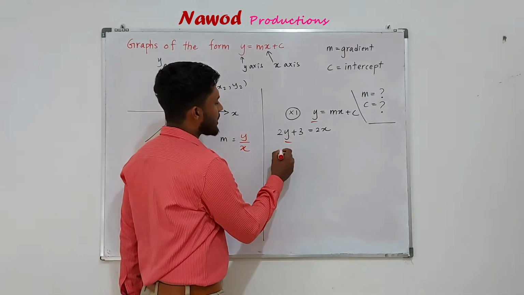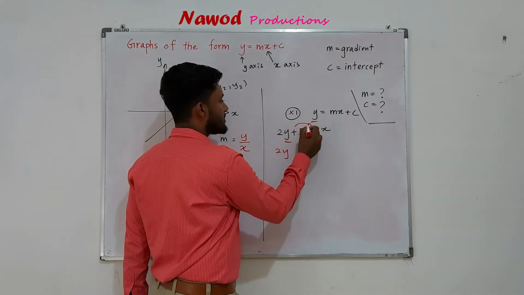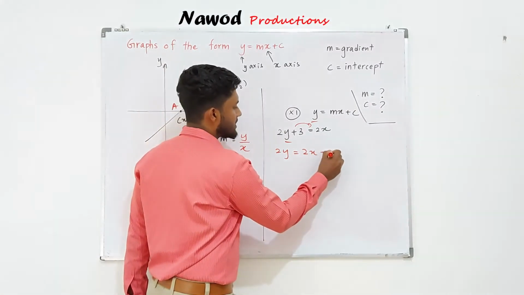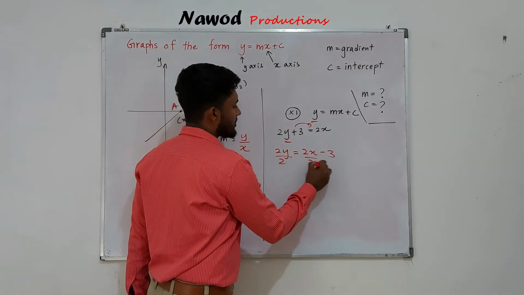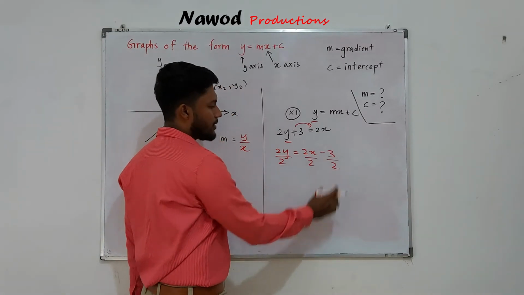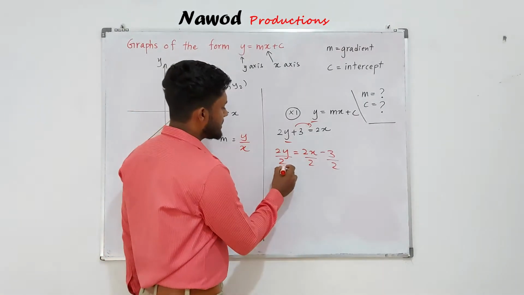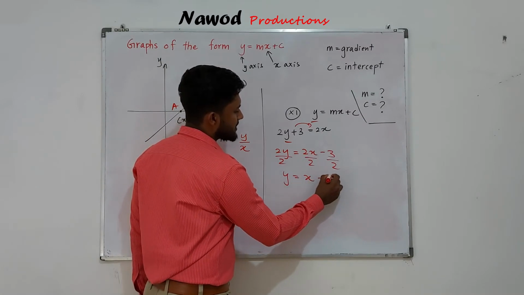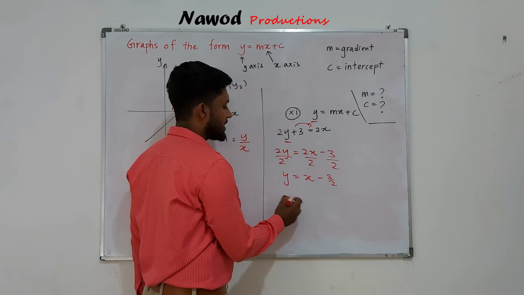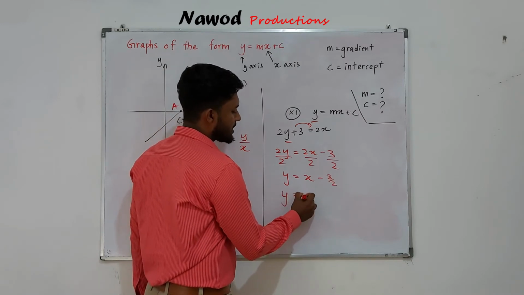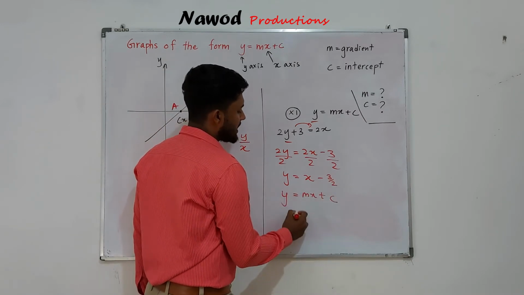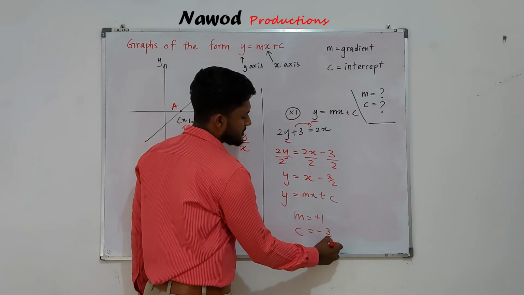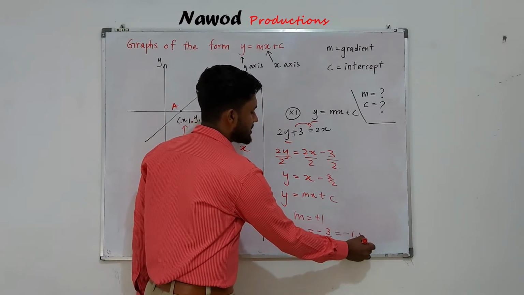Yes, here 2y plus 3 goes to the other side, 2x minus 3, then divide by 2, all three terms. Then y equal, 2 and 2 cancel, x minus 3 over 2 we can obtain. Then here it is like y equal mx plus c. Here m means plus 1, c means minus 3 over 2 or minus 1.5.